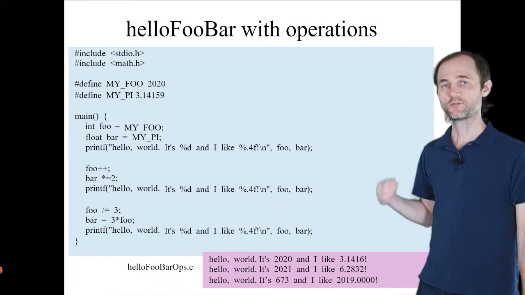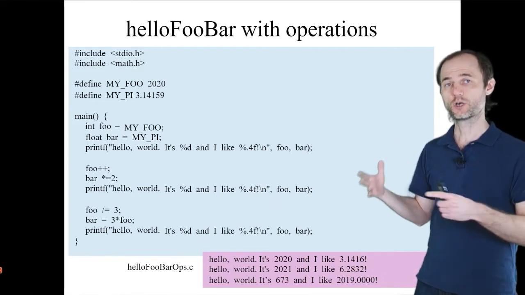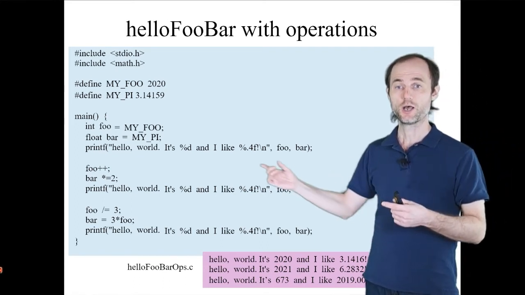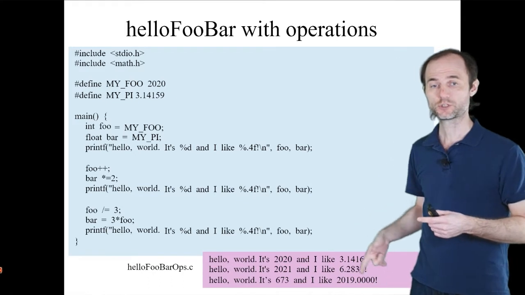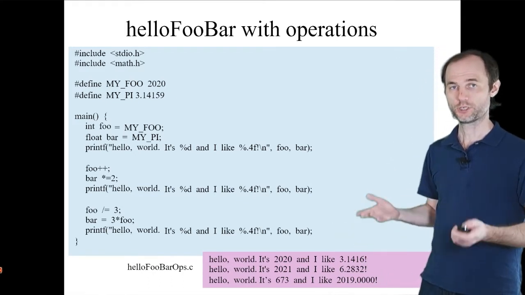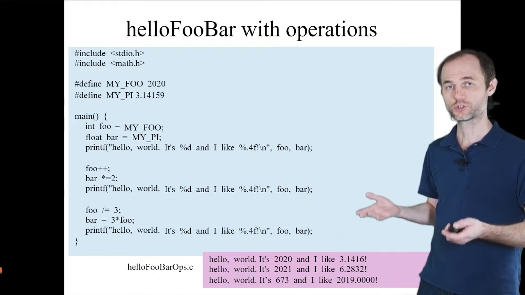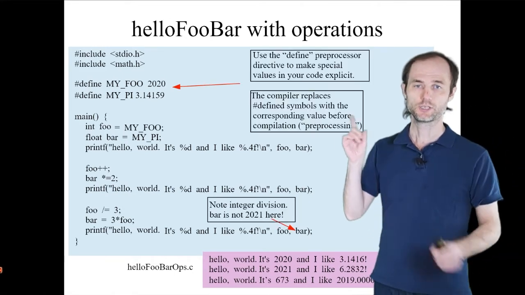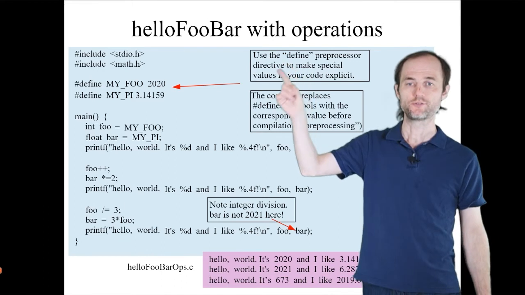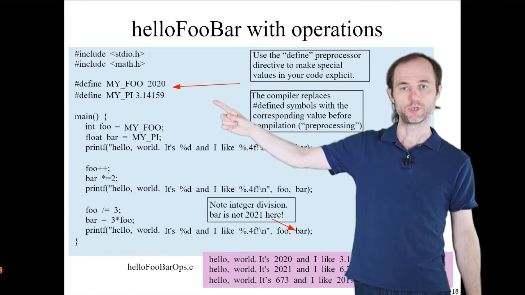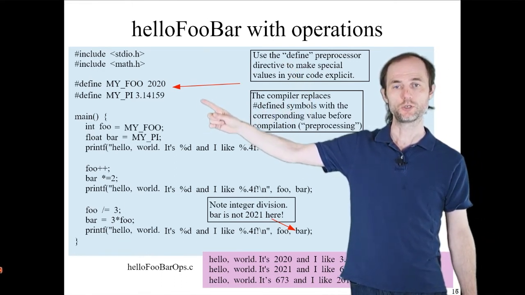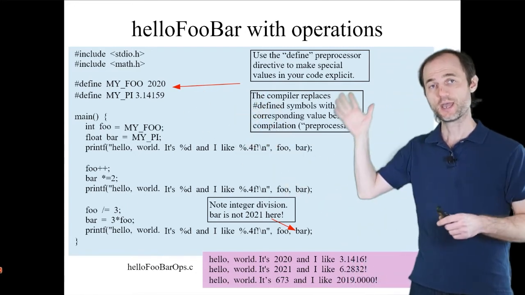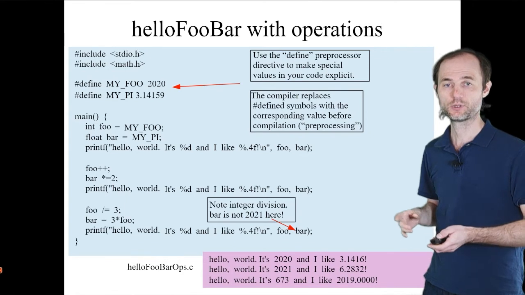So you see that if you perform these operations of division and multiplication using integers, you can lose significant digits because the operations involve only integers. So let's take a look at it again. We use define preprocessing here in order to keep the variables defined at the beginning where they're easily accessible.